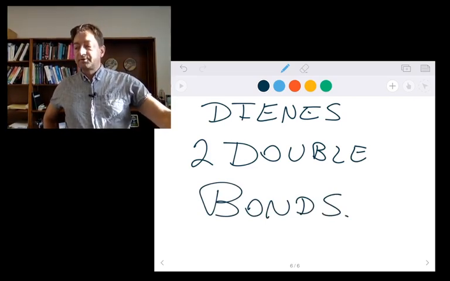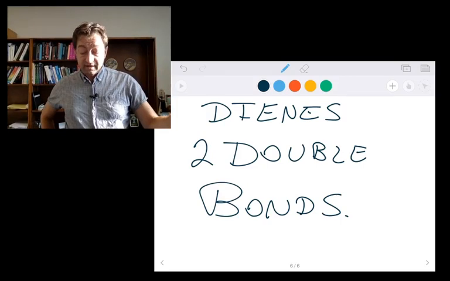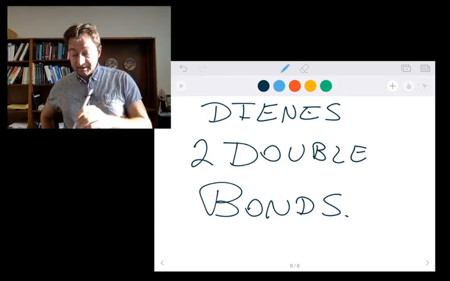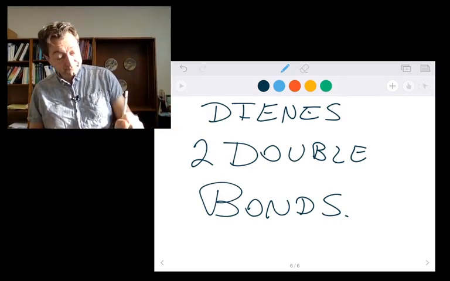Well, let's take a look at the structure of some of these, and in particular, we're going to focus on the heat of hydrogenation of some of these molecules and see what trends we can potentially observe there.